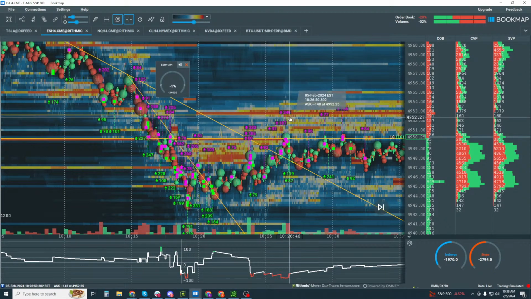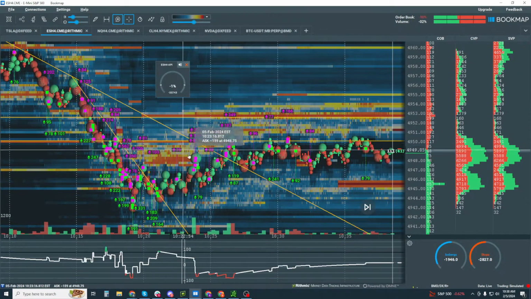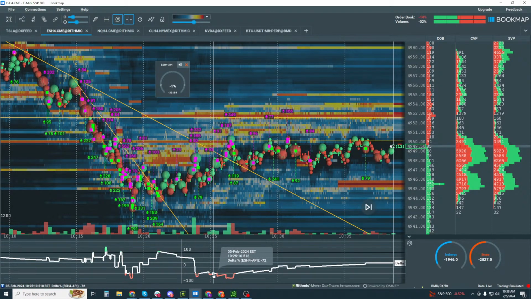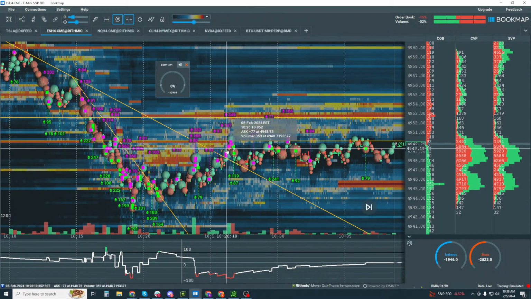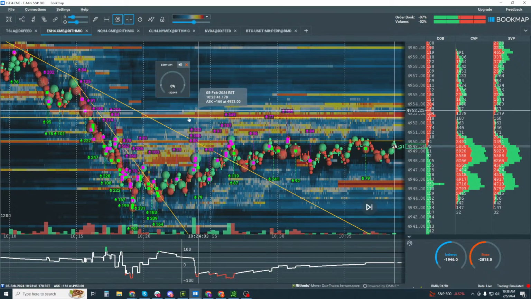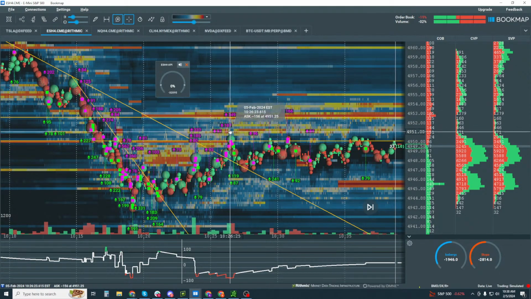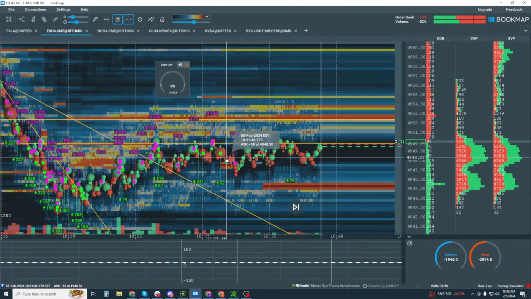But this is how you can use that tool: to understand that now we've moved back into this area, and we're seeing a lot of absorption on the sell side. Here it is in front of us with the tool, and you see all these numbers, the pink absorption on the sell side, on the offer.